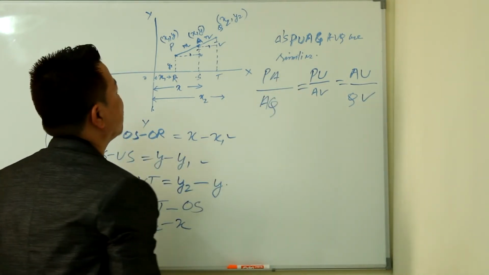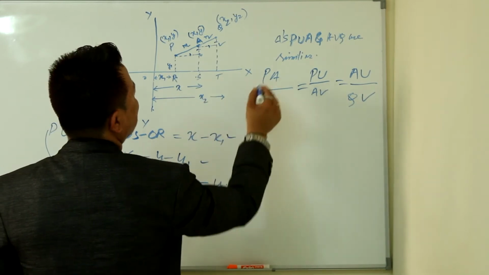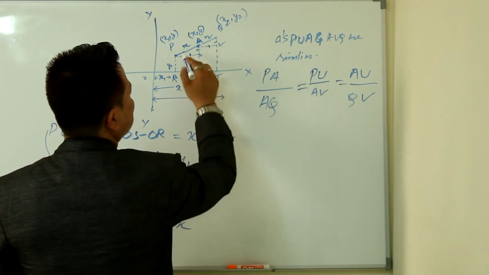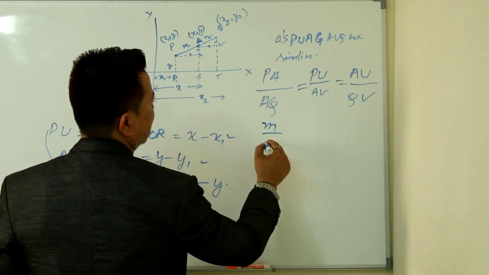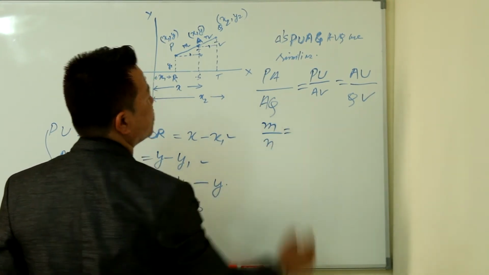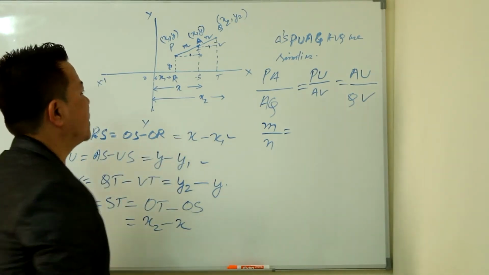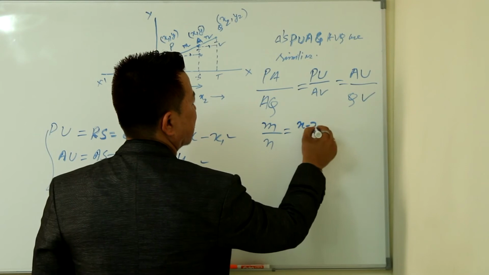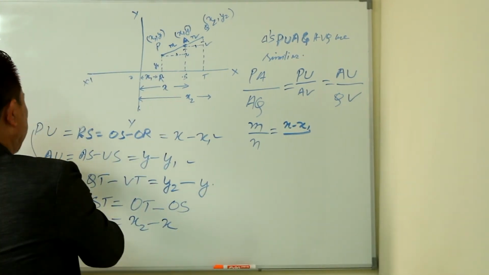Now these are corresponding sides of similar triangles. They are in proportion. So let's put in the value of PA. What is the value of PA? According to this, we have supposed M. And AQ, N. Equals to PU. So the value we got for PU is X minus X1. And how much did we get for AV?